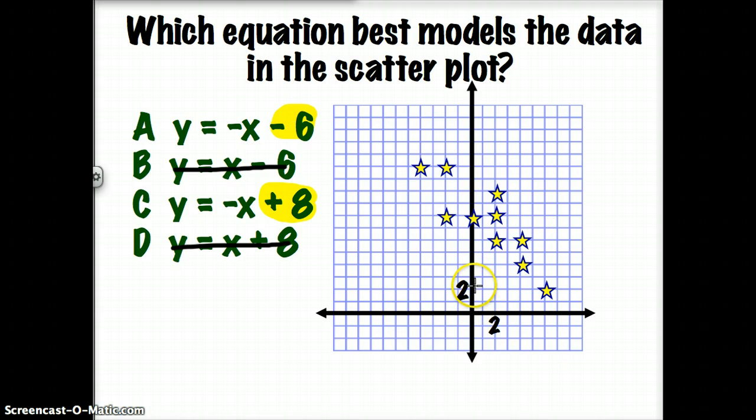So let's see, 1, 2, 3, 4, 5, 6, 7, 8, and go down 1 over 1 each time. So our graph is going to look something like this. You can see about half the data is above and about half the data is below.